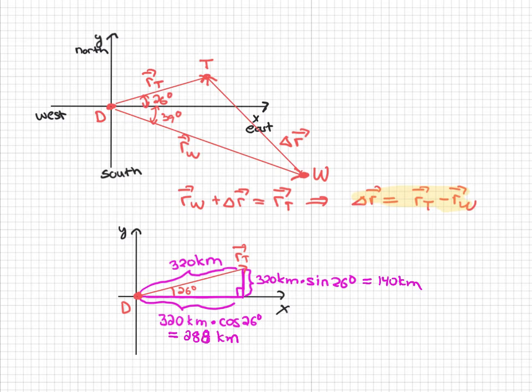So what that means is I can express the position vector of Toronto as 288 kilometers times i hat plus 140 kilometers times j hat.